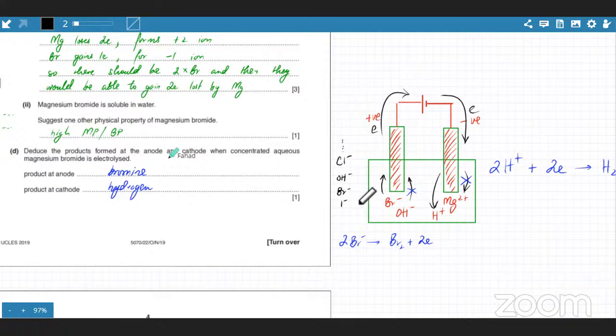It's always an ion that's lower in the reactivity series that loses electrons. So we don't even need to remember the complete series, just the start. That should be enough. And remember, for Cl-1, if it's concentrated, then electrons would always be lost by Cl-1.